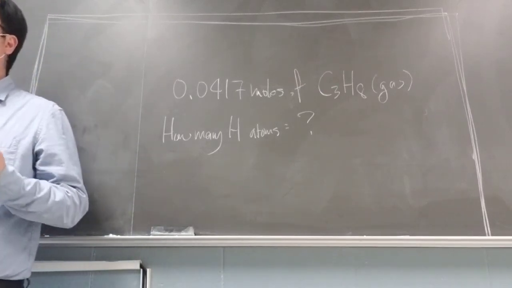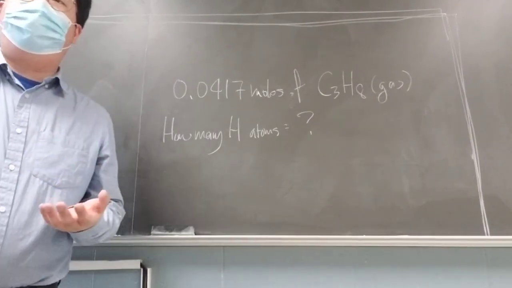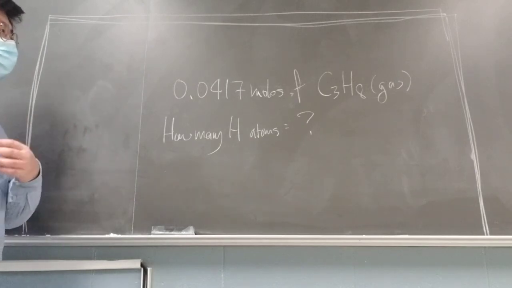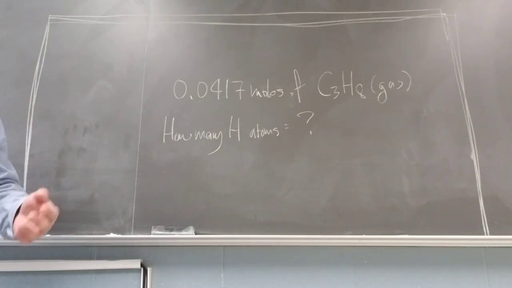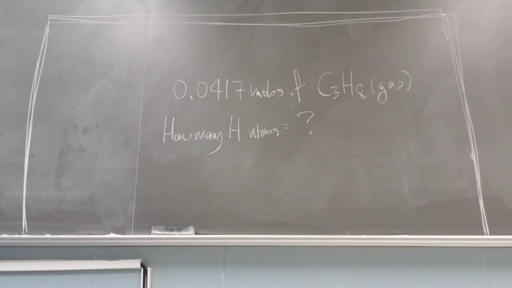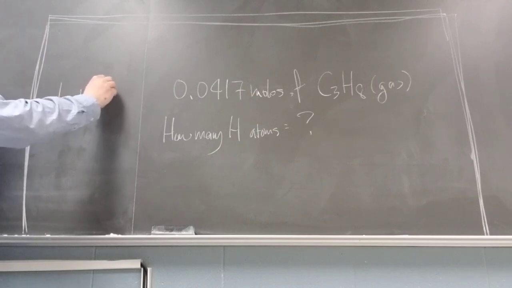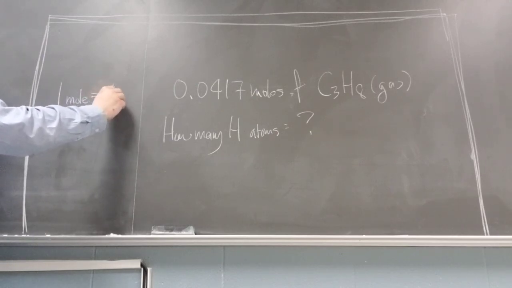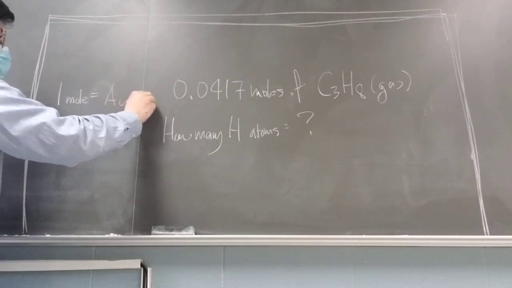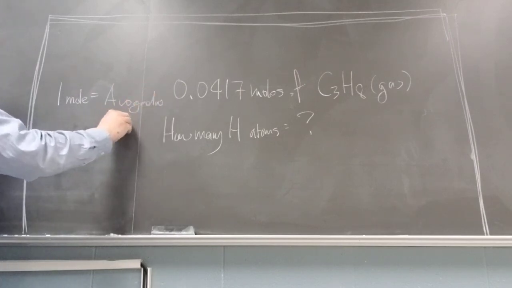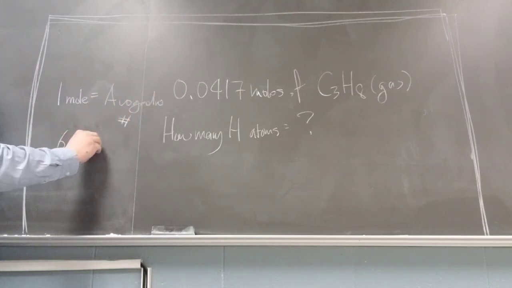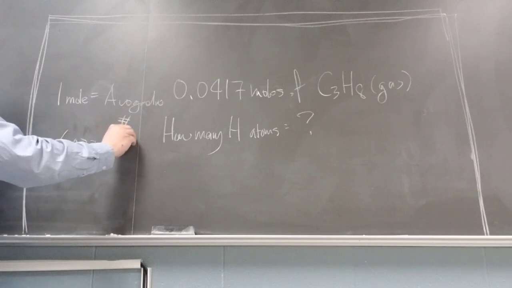So you have 0.0417 moles of propane. Then how many hydrogen atoms are there? That's the question. So the one thing you need to know is 1 mole is what? Avogadro number, right? Avogadro number. That is equal to 6.022 times 10 to the 23rd.